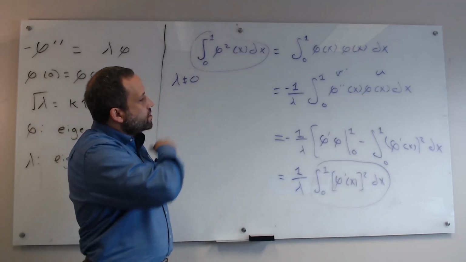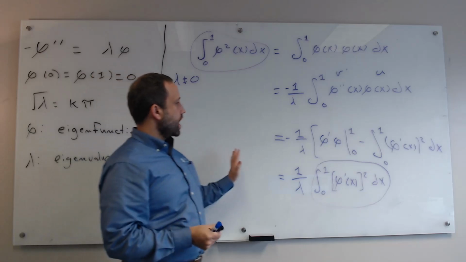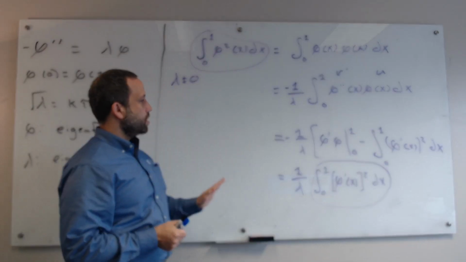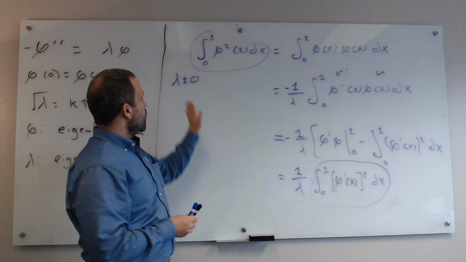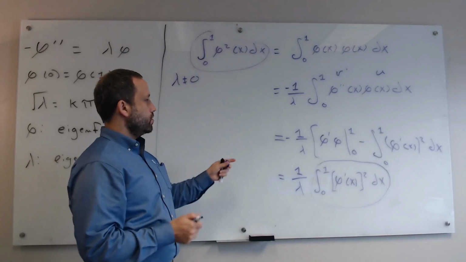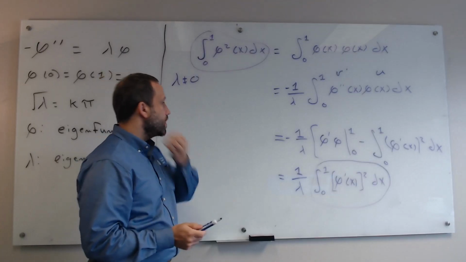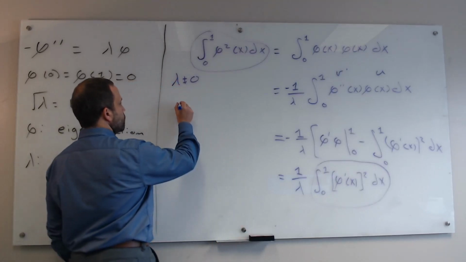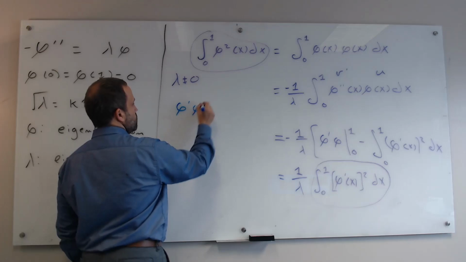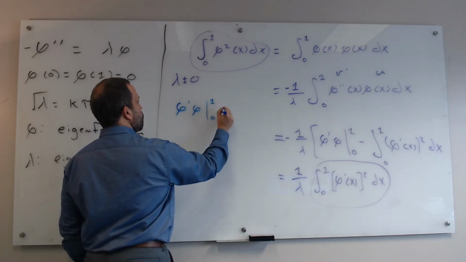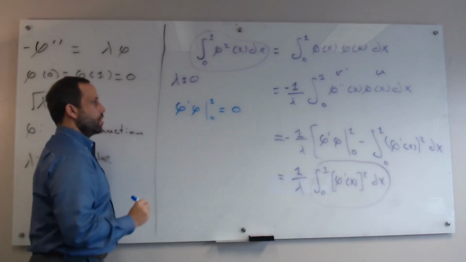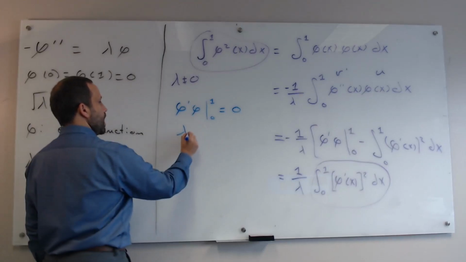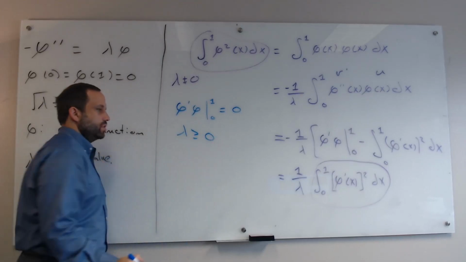So what this argument here shows, this actually shows something a little more general. Again, if we're assuming lambda is not equal to 0, this proves something a little more general. It proves whenever phi prime times phi is equal to 0, then lambda is greater than or equal to 0.